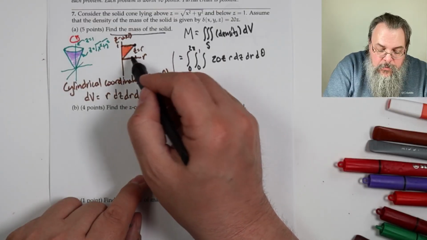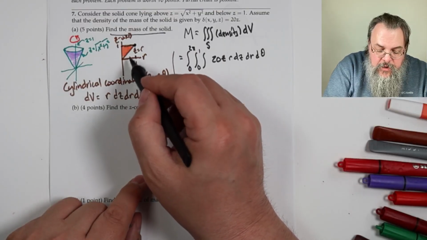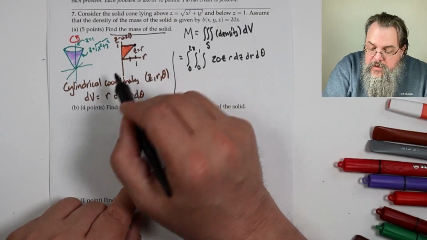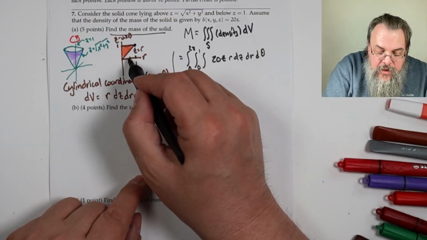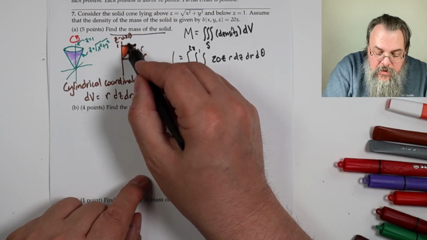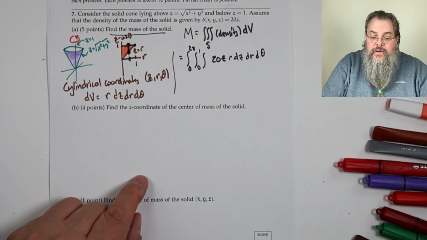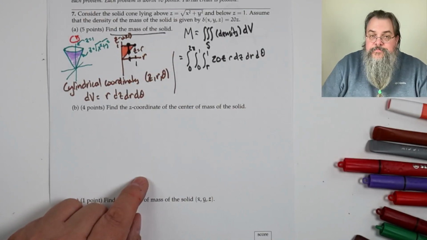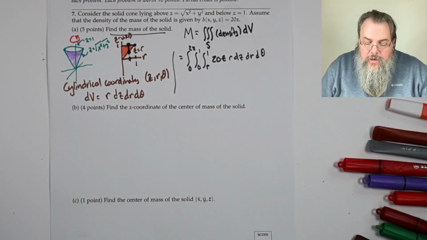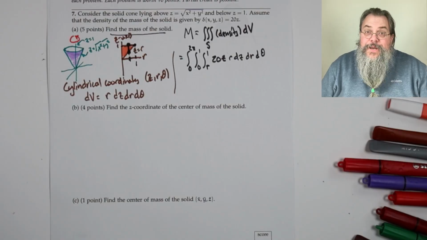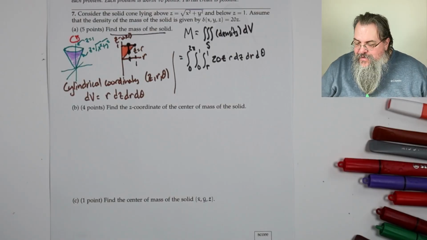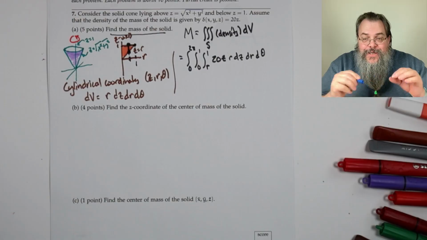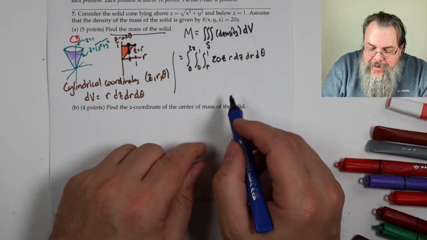Well, what happens if I just pick a random r value? z goes between those two. So I go from z equals r to z equals 1. Okay, we're going to be a little bit short of space, so that's okay. No worries. We'll just patiently work through this one layer at a time.